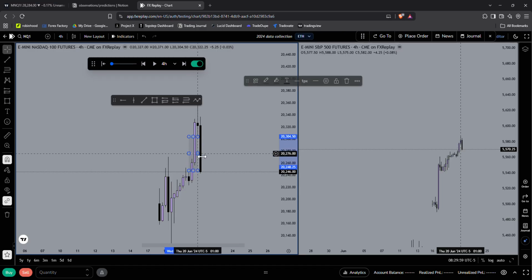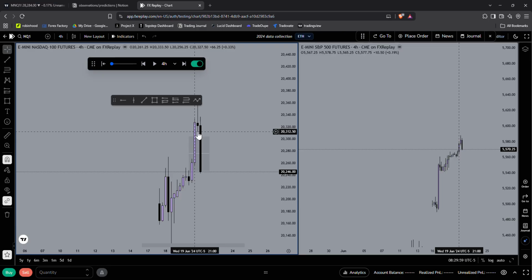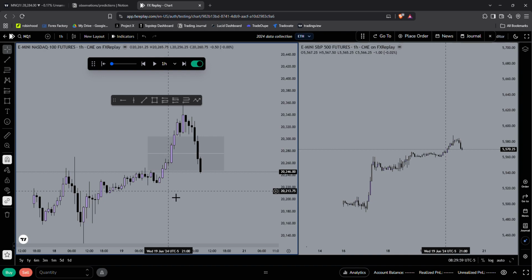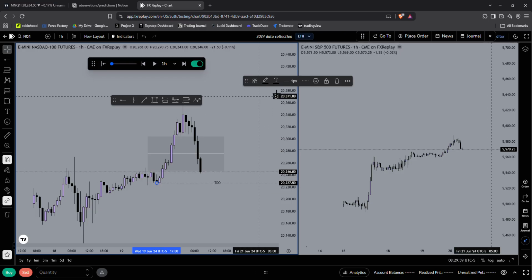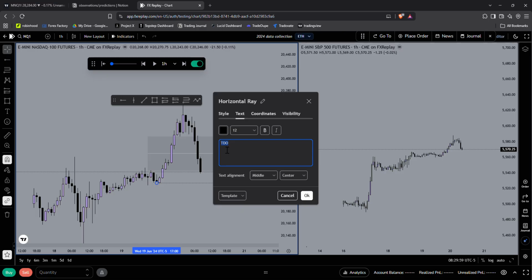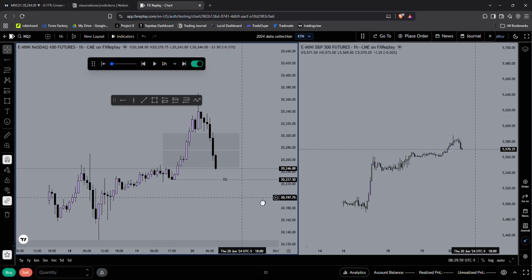Yes sir, we're playing within these gaps. Wednesday, Thursday, 1 hour. Okay, so that means this is the day open price, right there. It's not true day open. It's just day open. So let's get rid of that T. So there's this day open.